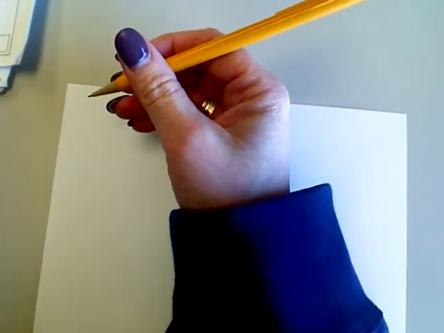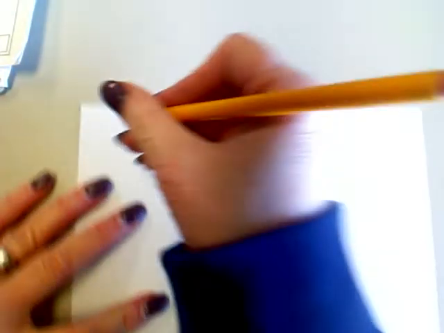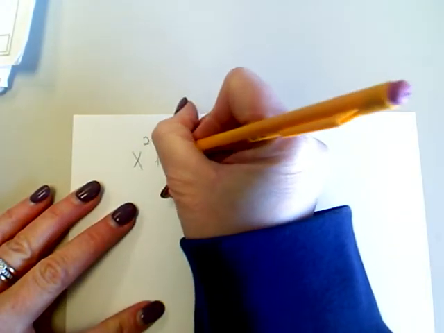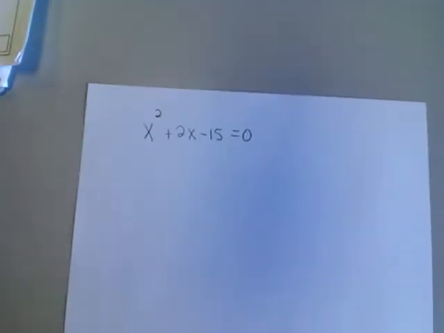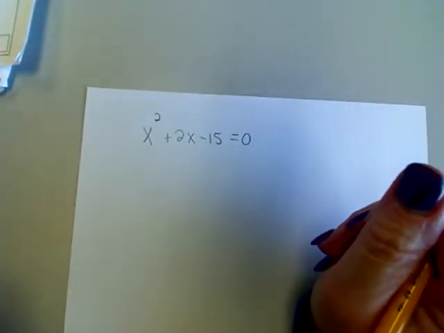We're going to solve a couple. So let's solve this one. X squared plus 2x minus 15 equals 0. Step 1, factor it. That's what we've been doing.